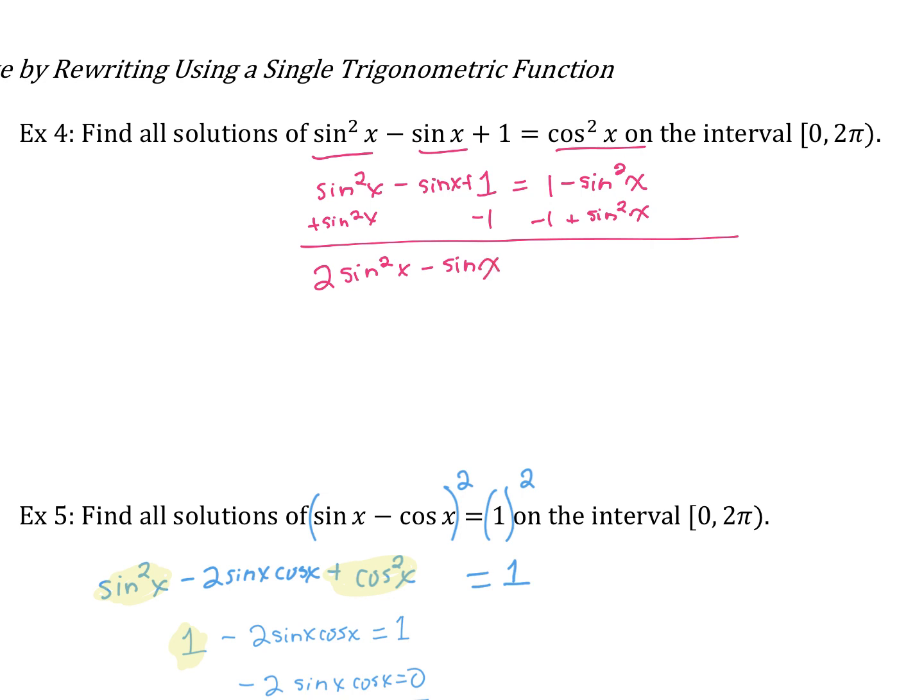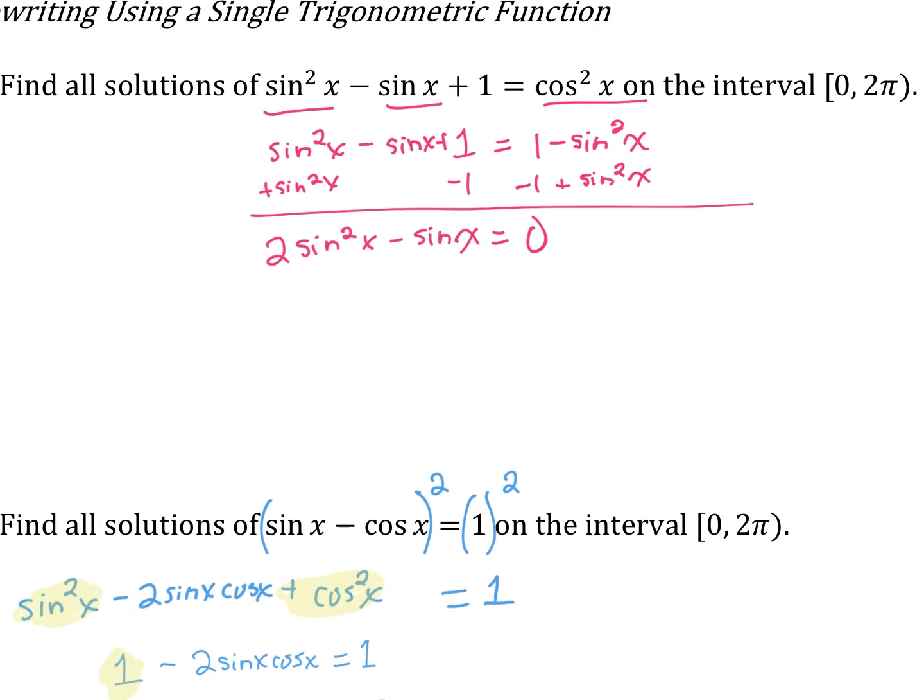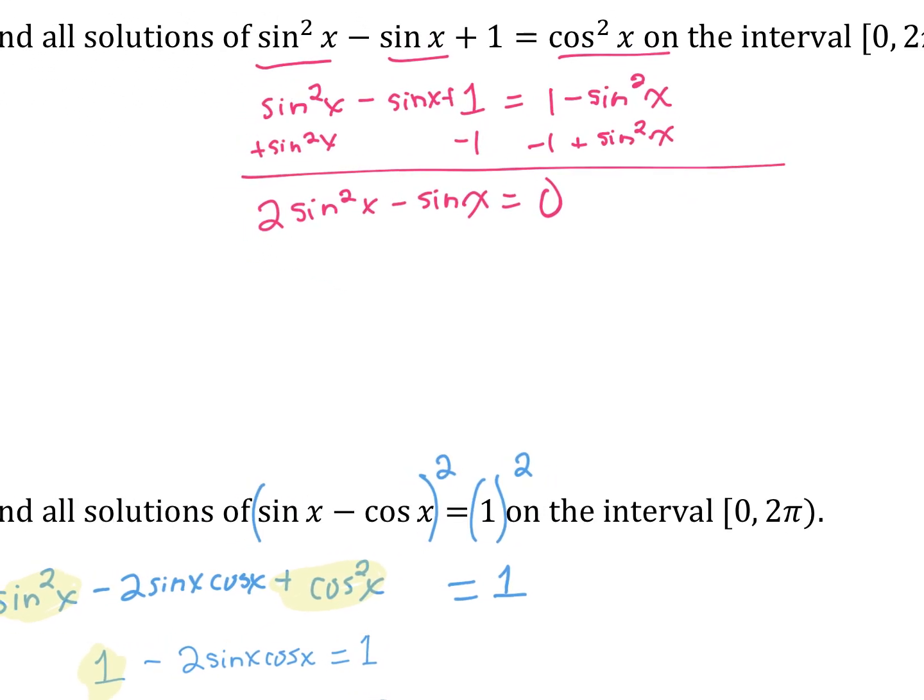It looks like, yep, equals 0, because the ones add. Does that look right? I have a mistake written in here on my paper, so I'm trying to double check myself here. All right, so we get sine of x times 2 sine x minus 1 equals 0.